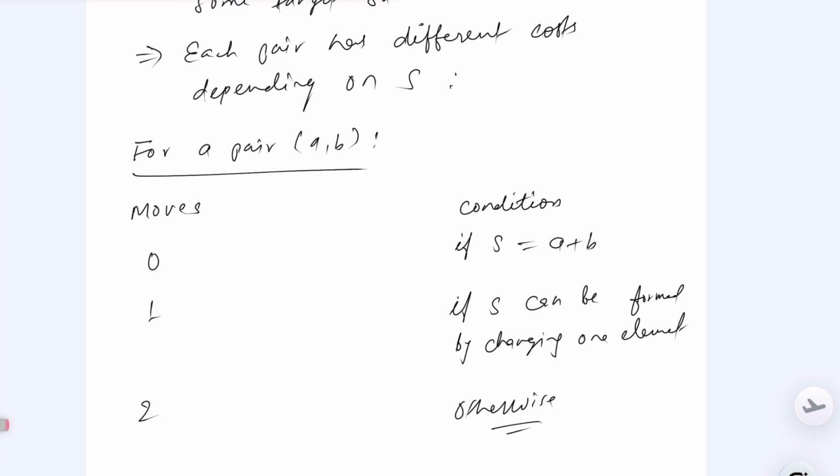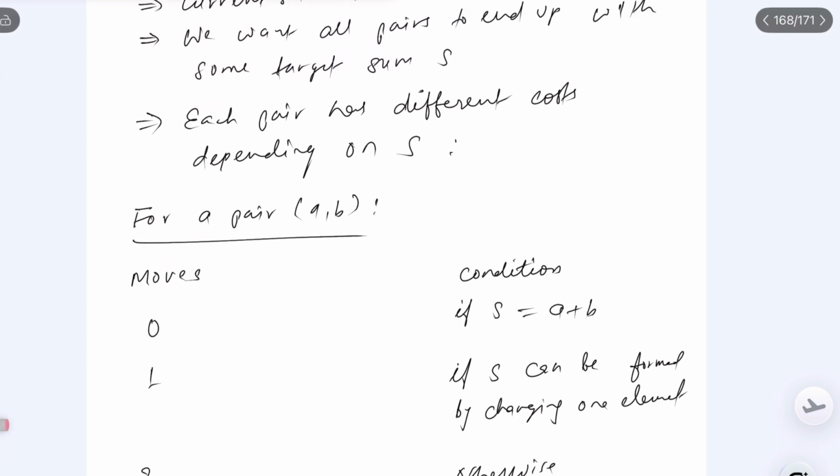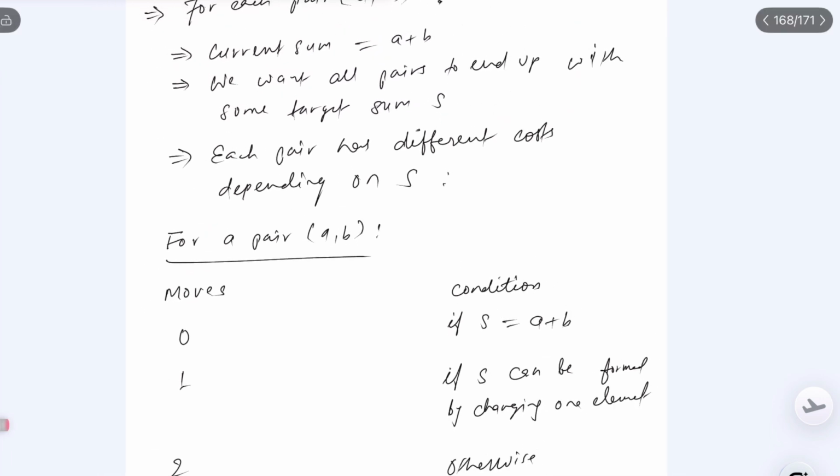We are talking about each pair, not the entire array. But we have to go over all the pairs again and again.